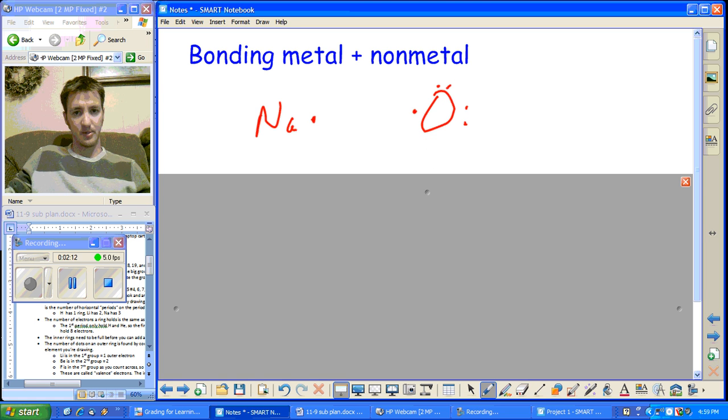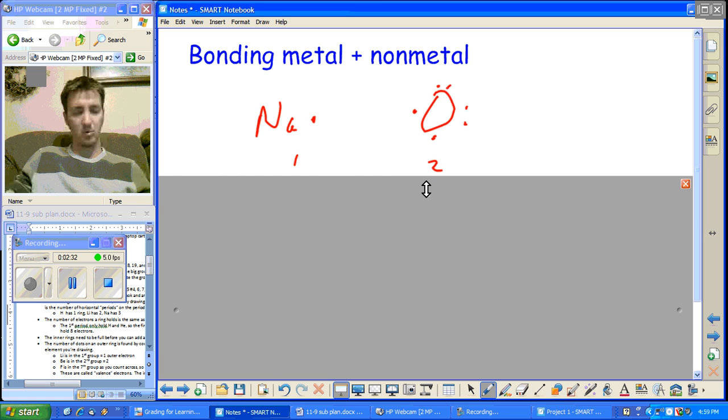So on these, again, it's important to have something on all sides before you pair any up. And so we have 2 lonely electrons, so that means this one needs 2. This one has 1 lonely electron, and it's going to give it up because it's the metal.